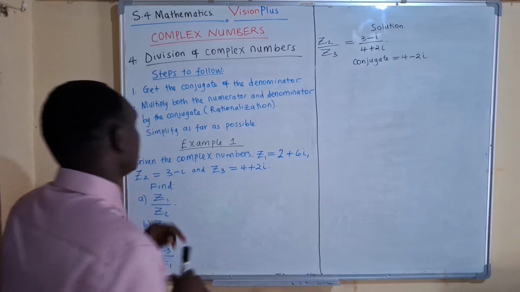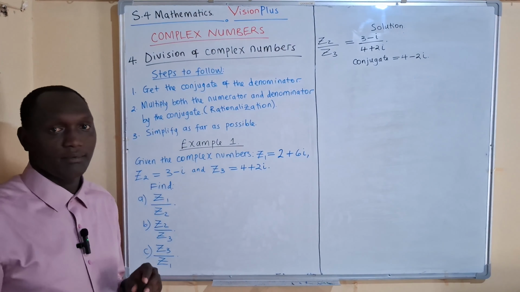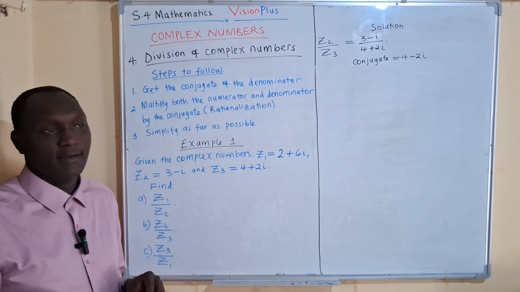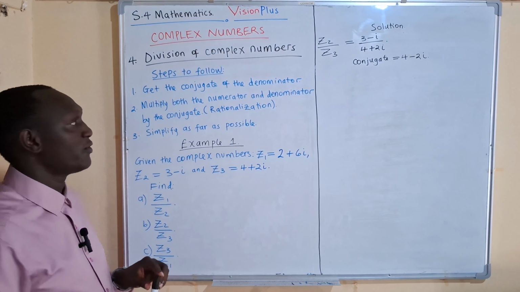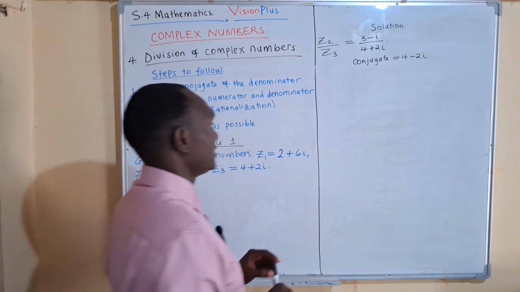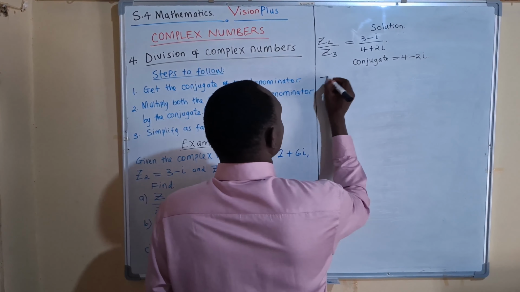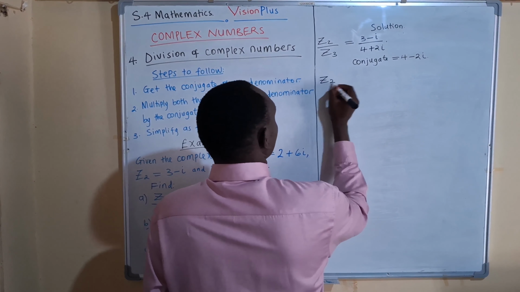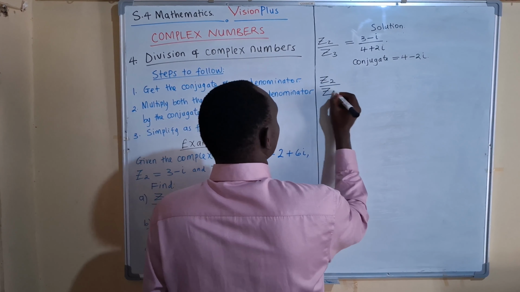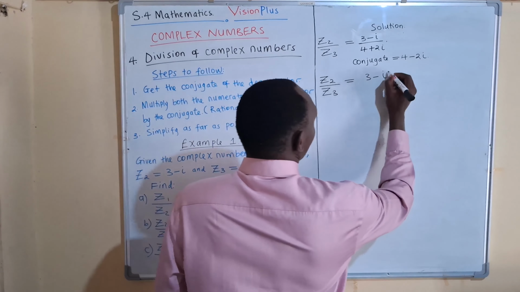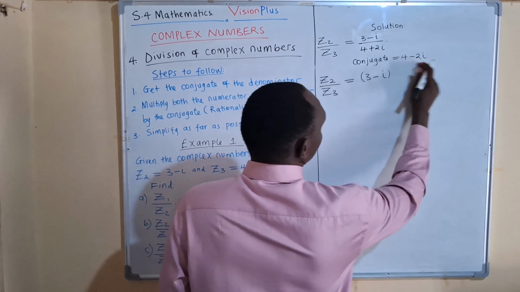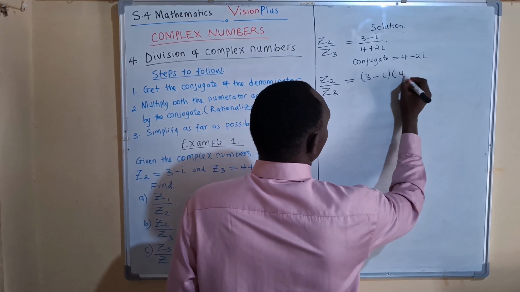Then the second step is to multiply both the numerator and the denominator by the conjugate of the denominator, that is rationalization. So we shall now say Z2 out of Z3 equals 3 minus i, the numerator, but we are multiplying it by the conjugate of the denominator, which is 4 minus 2i.